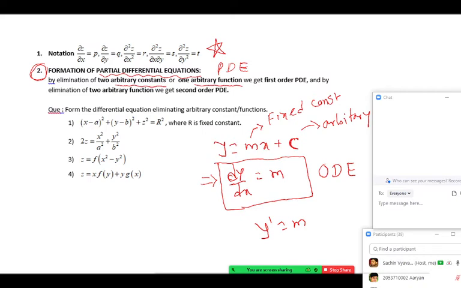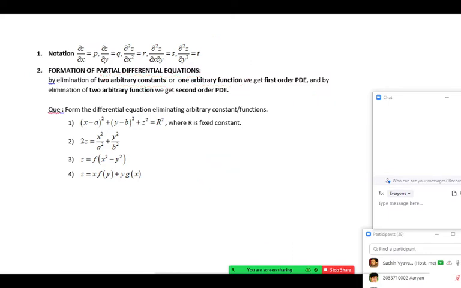So in PDE, when we eliminate two arbitrary constants or one arbitrary function, we always get a first order partial differential equation. By eliminating two constants or one function, we get a first order PDE, but if we eliminate two arbitrary functions, we get a second order PDE.